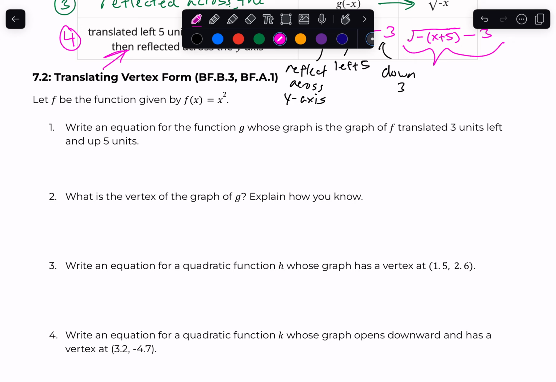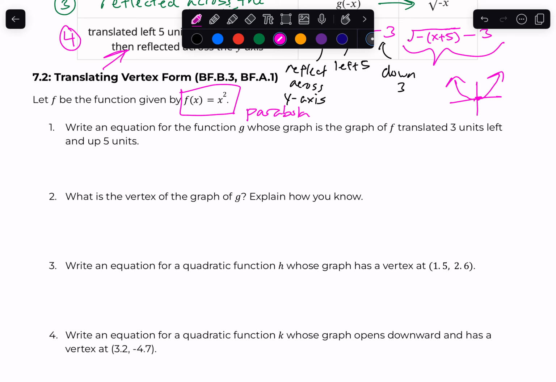If I have my original equation, f of x equals x squared, this is the graph of a parabola. It's always a parabola, and just to remind you, the normal graph goes through the origin and looks like a U. That's my y equals x squared.